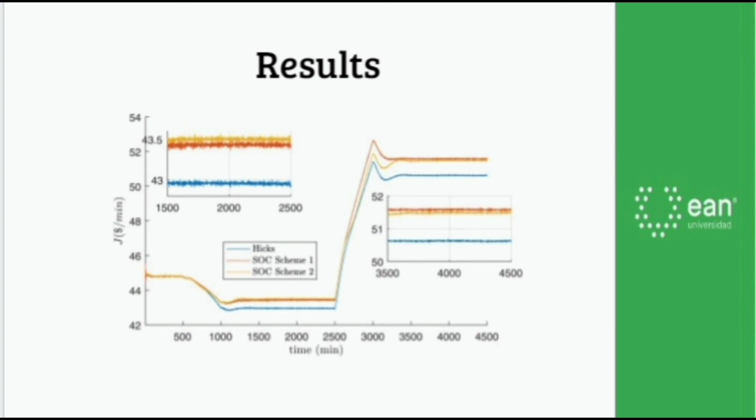2500 minutes scenario, the benefit of the HSOC control structure is about $42.9 per minute, while the benefits of the SOC schemes 1 and 2 increase to $43.4 and $43.43 per minute, respectively.